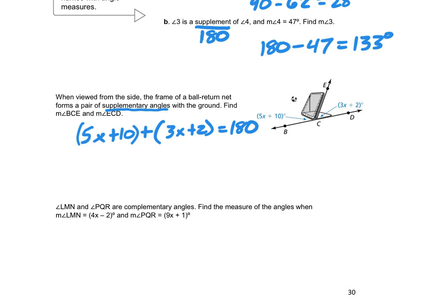We saw some problems like this yesterday, so now it's going to be a solving. And what would be our first step to approach this? Combine like terms, you bet. We got 5x, we got 3x. We're going to combine those together to get 8x. 10 plus 2 would be 12.